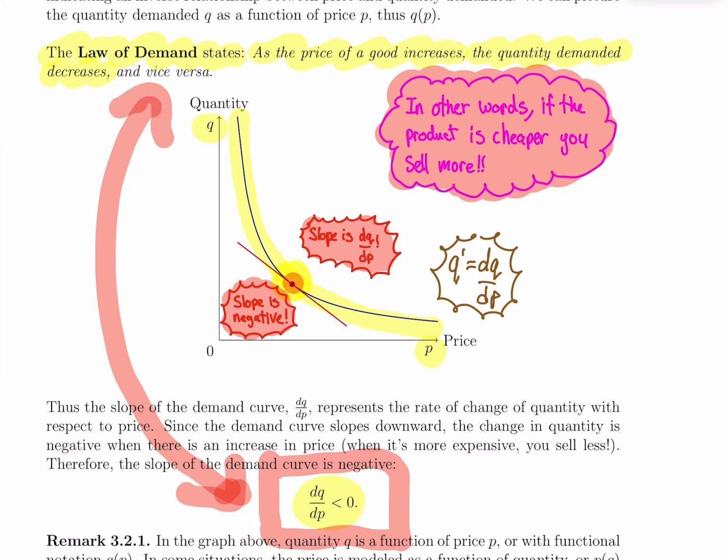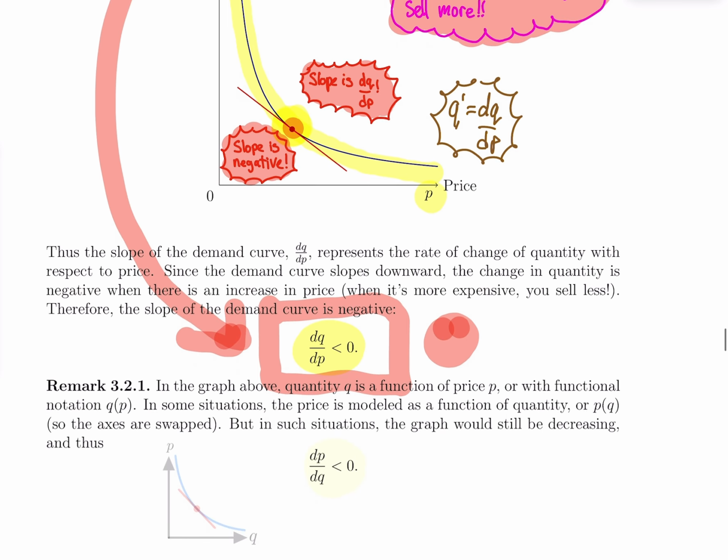So saying that as the price of a good increases, the quantity demanded decreases, that's the same thing as saying the derivative dQ/dP is negative if you are using a function where the independent variable is price and the dependent variable is quantity. But sometimes, in some contexts, it's easier to go the other way around.